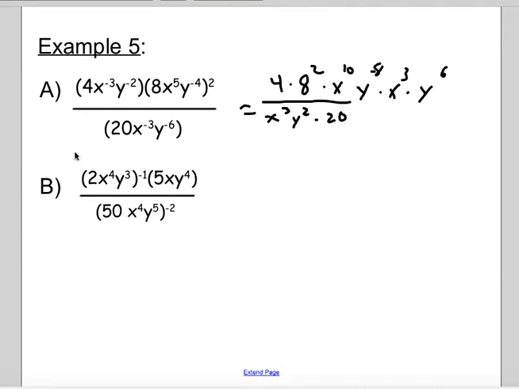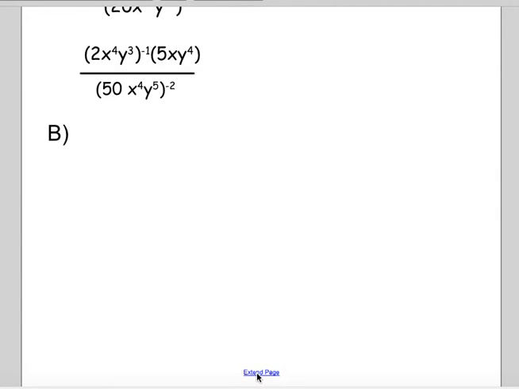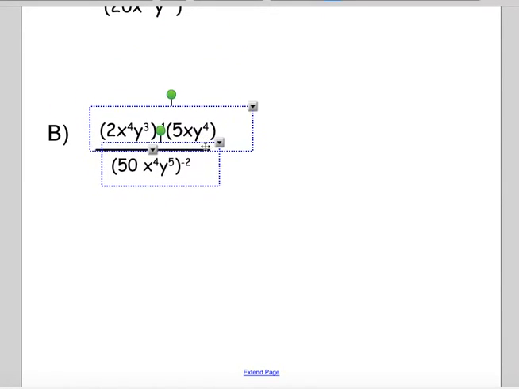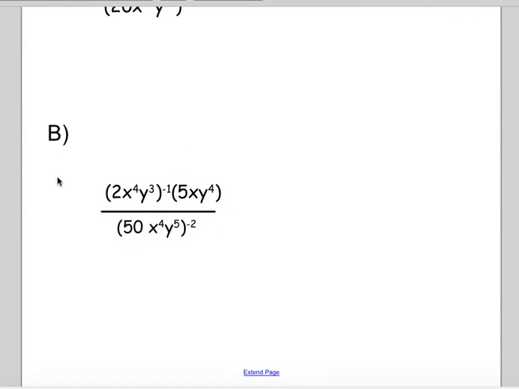So now we just got to keep simplifying some of our stuff, and I'm going to move this down here. Whoops. Maybe we'll just extend this, if that helps. Let's move this down a little bit. There.